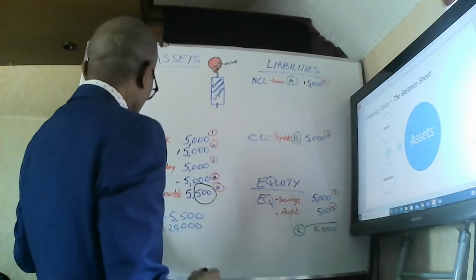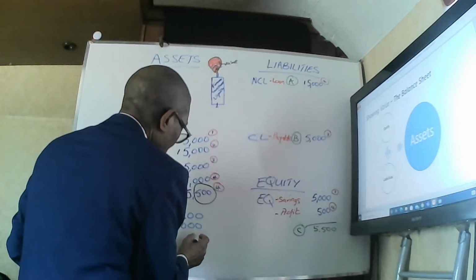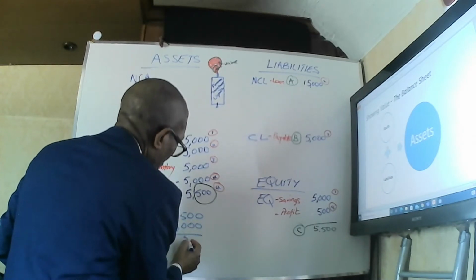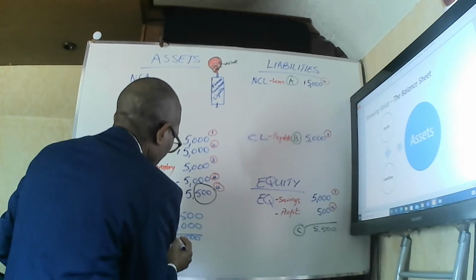So equity plus liability will give me in total 25,500.